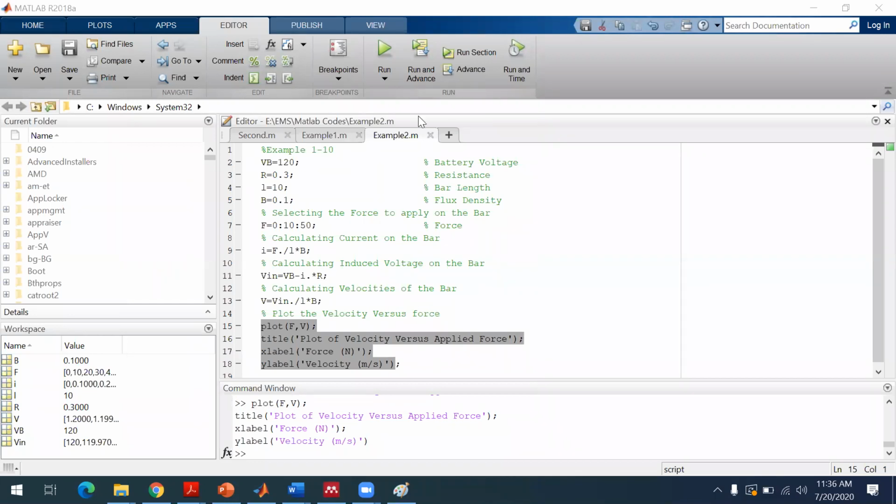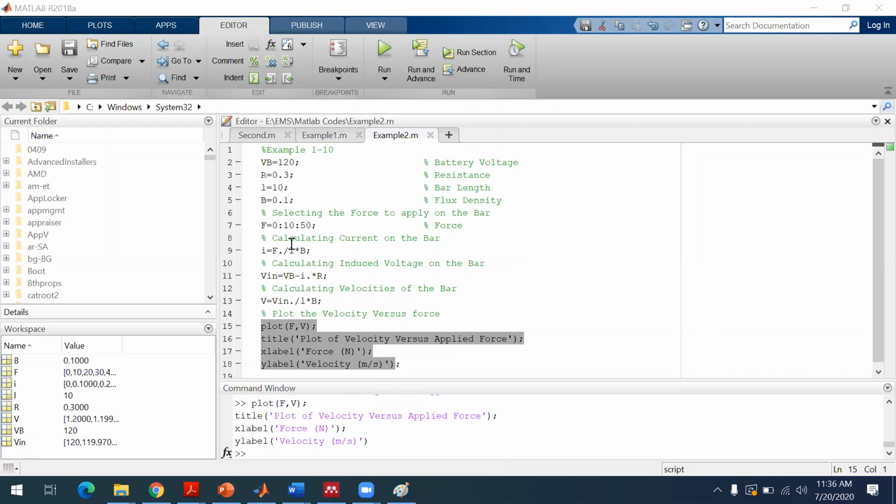Sorry guys. So we have the battery voltage, the resistance, the length of the bar, the flux density, and the force applied. What we have to do is find the velocity that is obtained through that force generation.